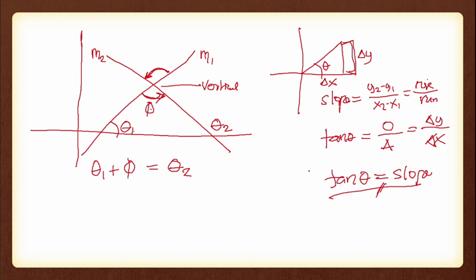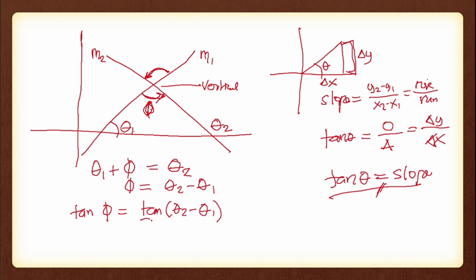That's why to find phi here, we need phi is equal to theta 2 minus theta 1. If we take the tangent here to get the slope, tangent phi is equal to tangent of theta 2 minus theta 1.